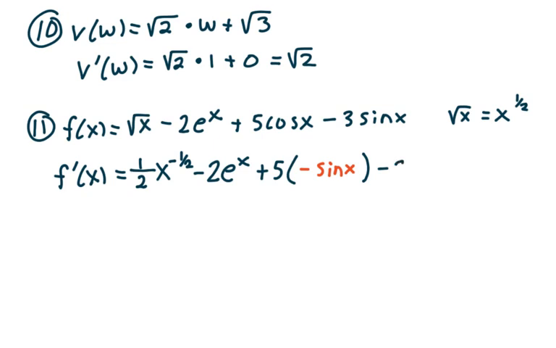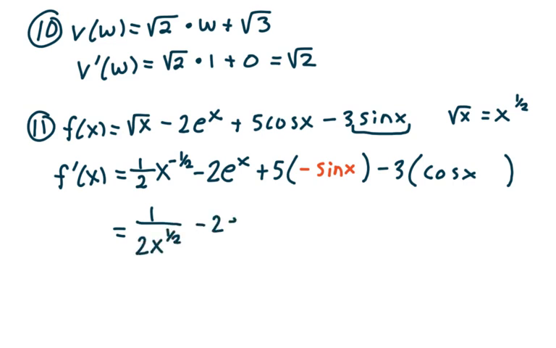Then I'm going to go minus 3 times the derivative of sine x, which happens to be cosine x. So if I simplify, I get 1 over 2x to the 1/2 minus 2e to the x minus 5 sine of x minus 3 cosine x. And that's how we do problem number 11.